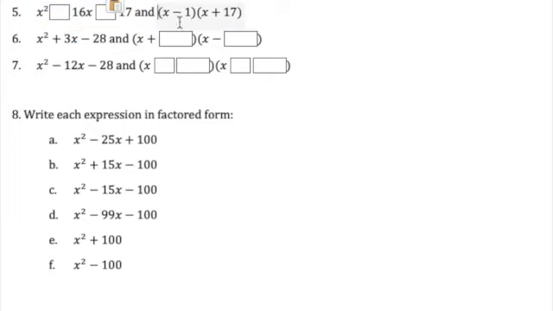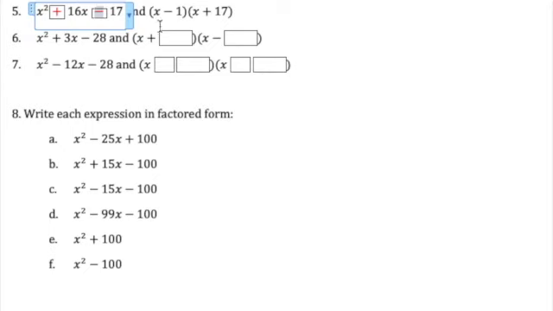And then down here, when I have x minus 1 times x plus 17, when I multiply that out, I'm again going to get an x squared, but this time I'm going to get a plus 17x minus 1x, which will get me a positive 16x. And then the positive 1 times the positive 17 times the negative 1 will again get me a negative 17 at the end.